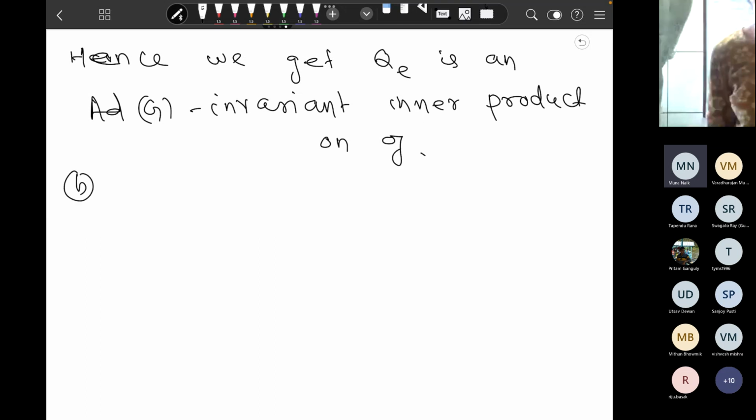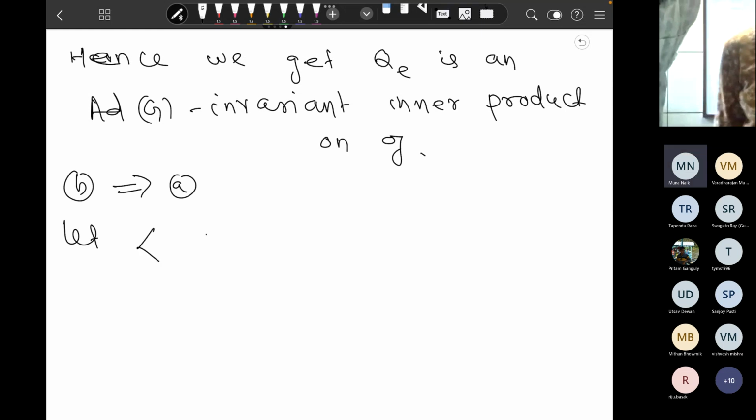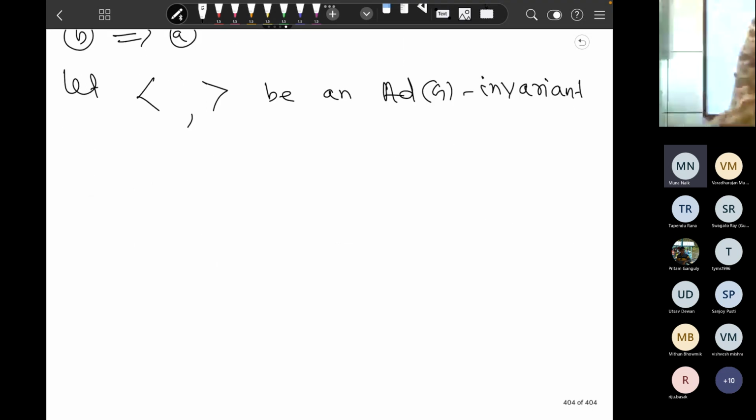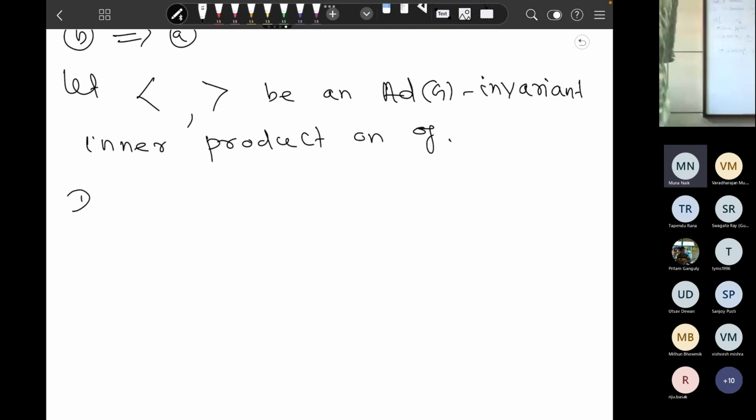Now conversely, B implies A. So let this be an R_G invariant inner product on G. These are easy things actually, but my writing might be messy.